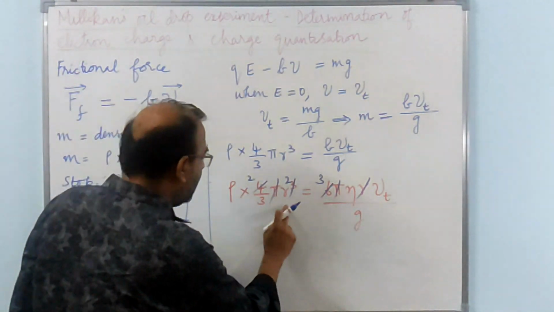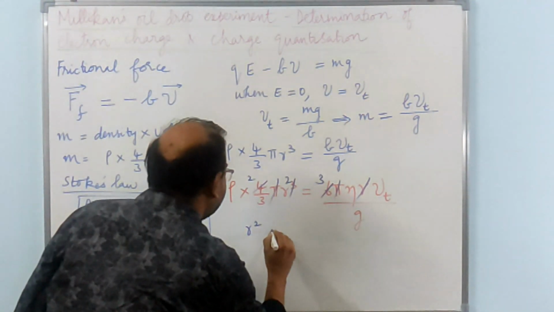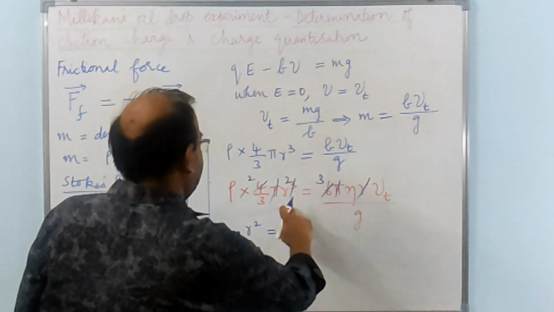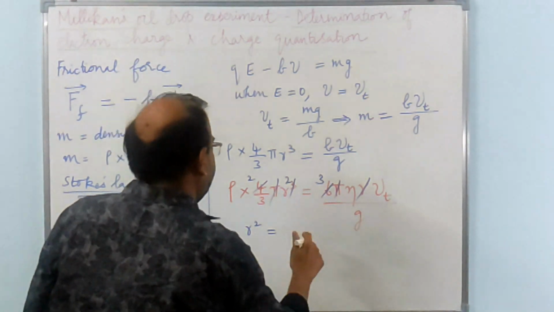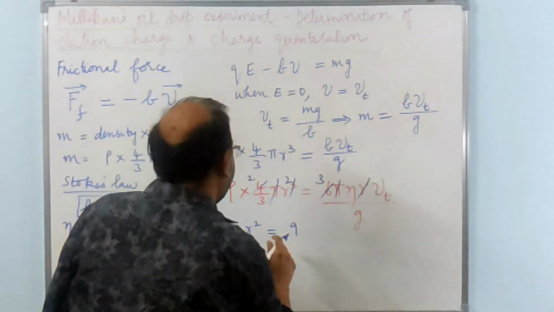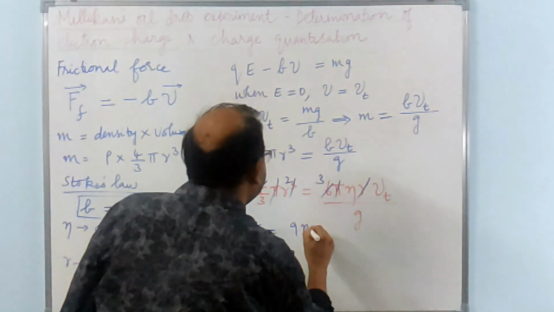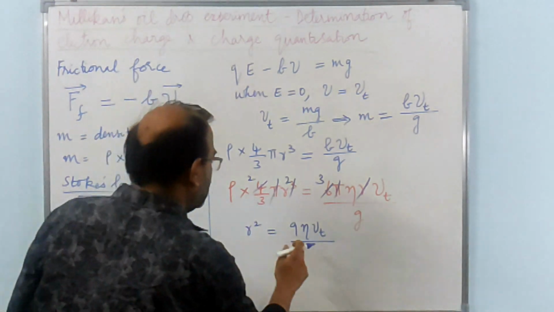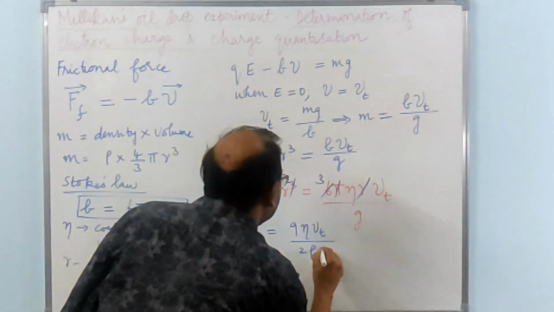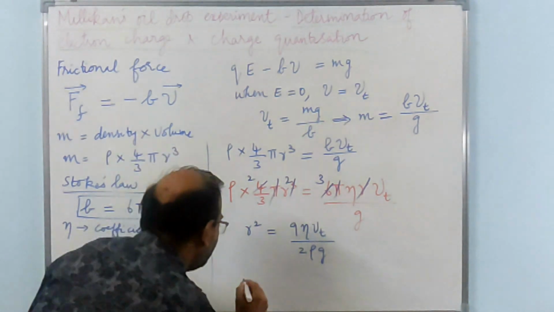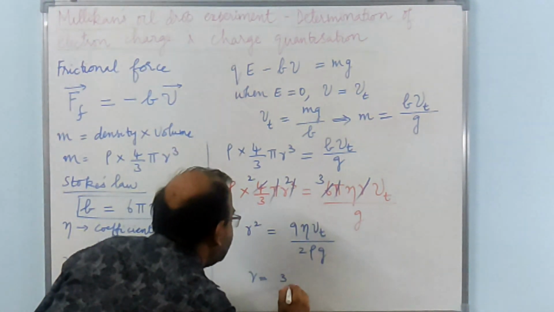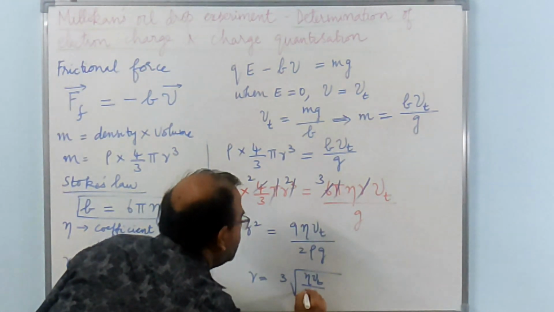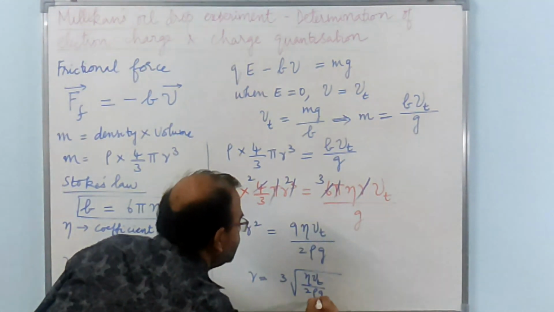And therefore we now have r squared on the left hand side, we retain it there, and then take this 3 to the right hand side, and then that becomes 9 eta Vt over 2 rho g, and therefore r is equal to 3 square root of eta Vt over 2 rho g.